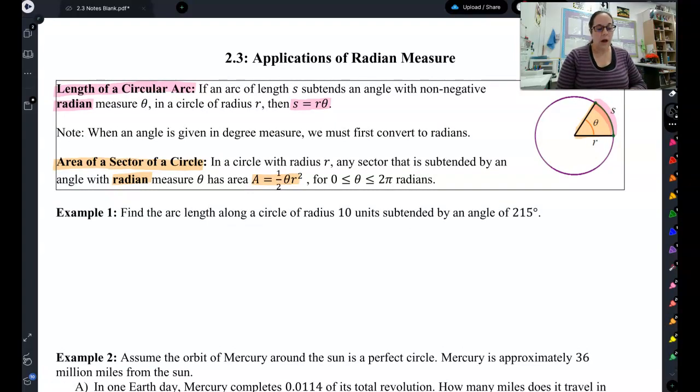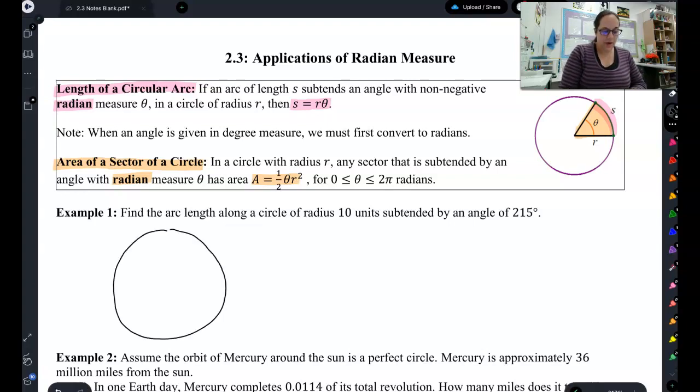Example 1. I want to find the arc length along a circle. So here's my circle of radius 10 units. And it is subtended by an angle of 215 degrees. So here's my 215 degrees. And I want to find the arc length.